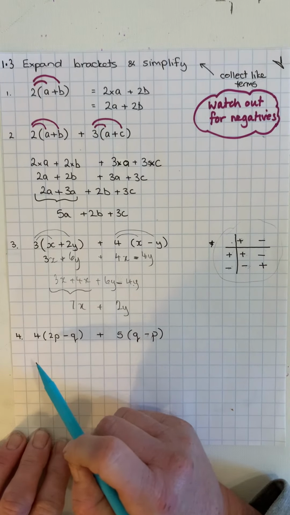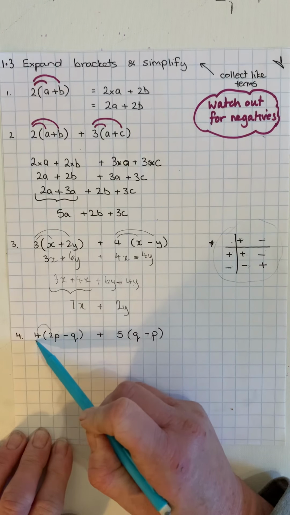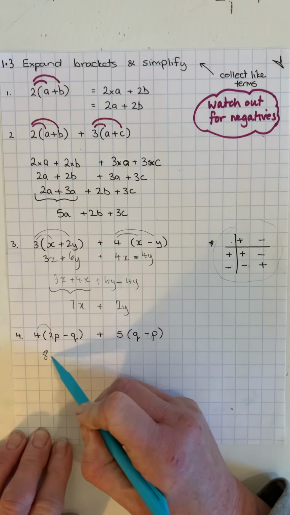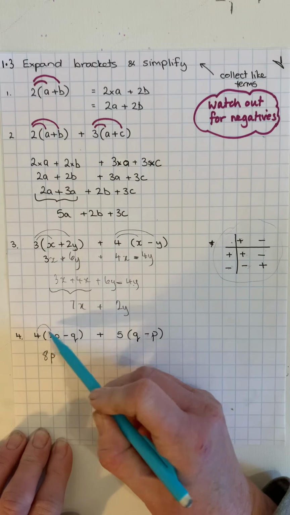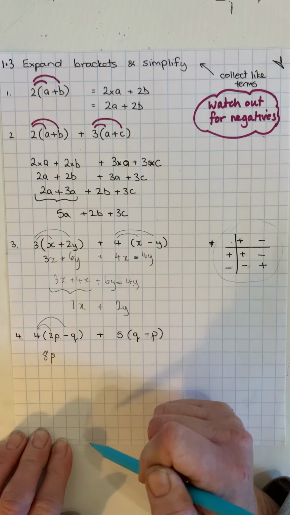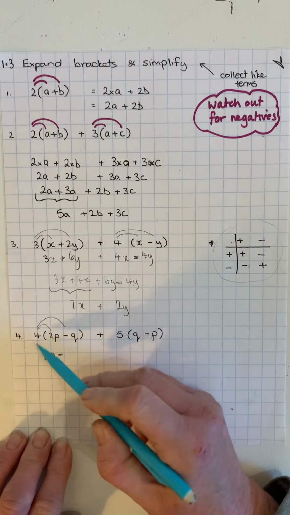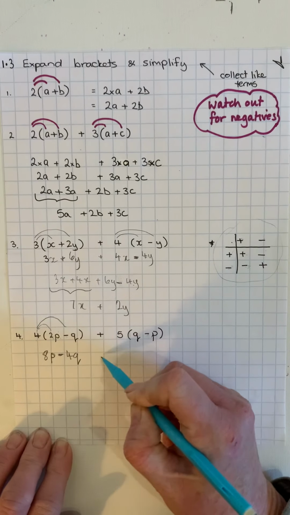And finally, let's try this one. We've got 4 times 2p. So 4 times 2 is 8 times p, 8p. Then we've got 4 times negative q. Now, a positive times a negative will be negative. 4 times q is 4q.